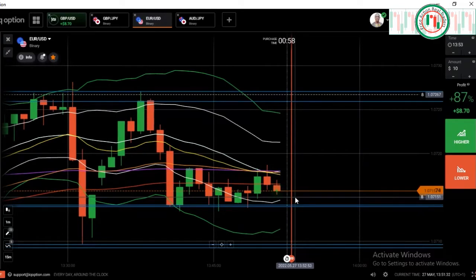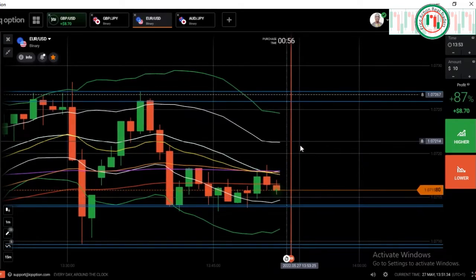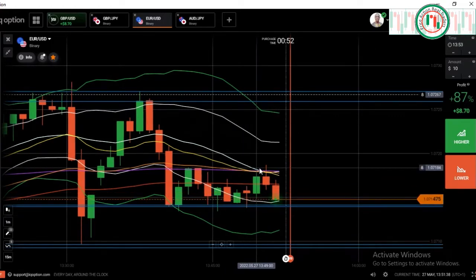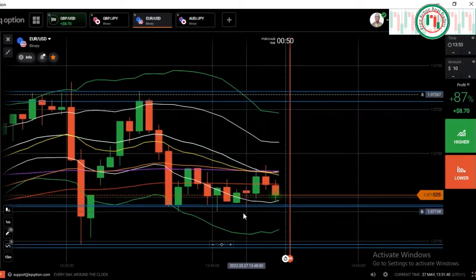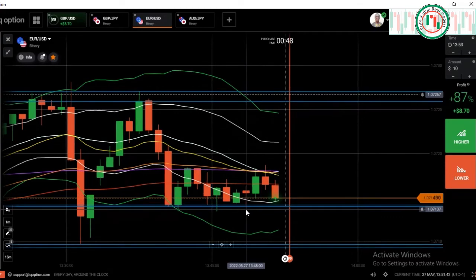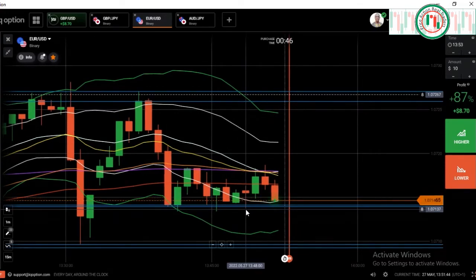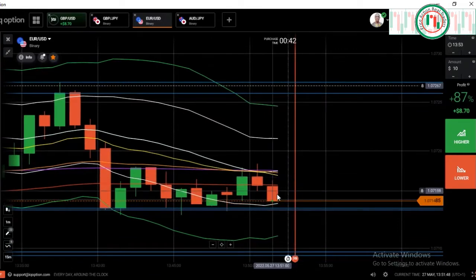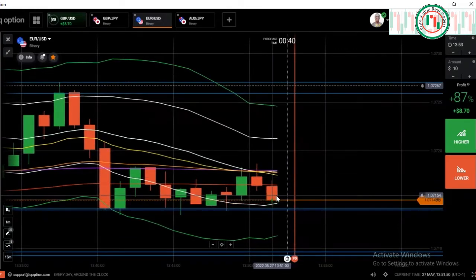If the market closes here, I'll place a call option, because you see engulfing here.